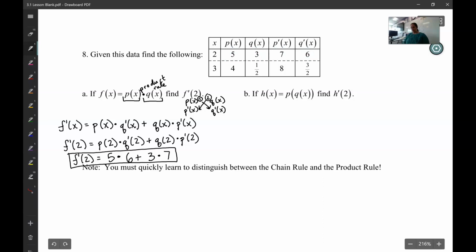Now let's try B. This is not a product rule. This is a chain rule. Notice we have a mommy function and a baby function.